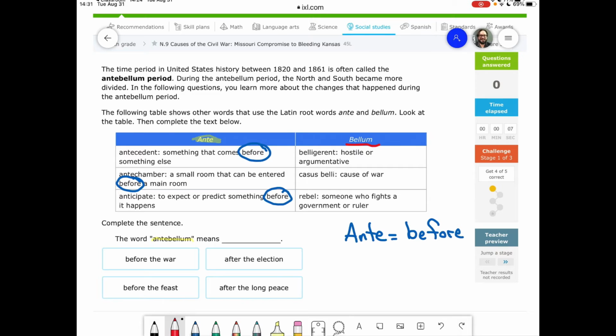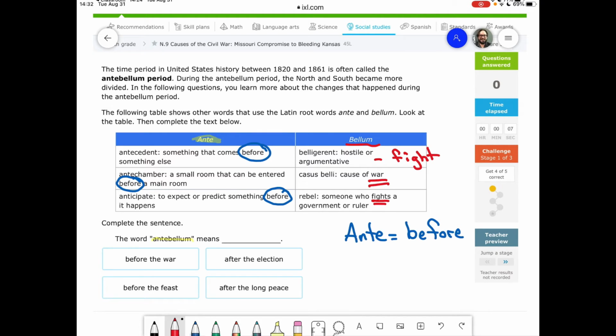All right? Someone who is belligerent is hostile or argumentative, or maybe somebody who fights. Casus belli is a cause of war. And rebel, someone who fights a government or ruler.